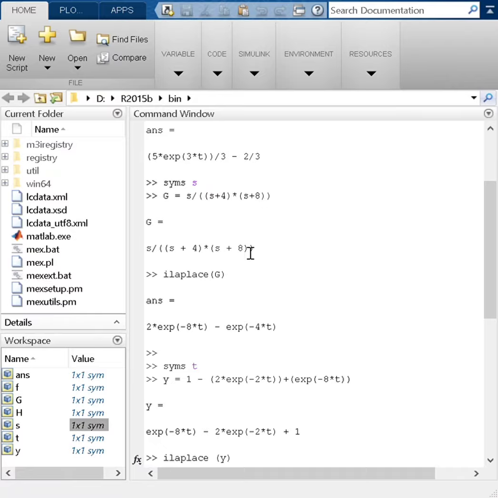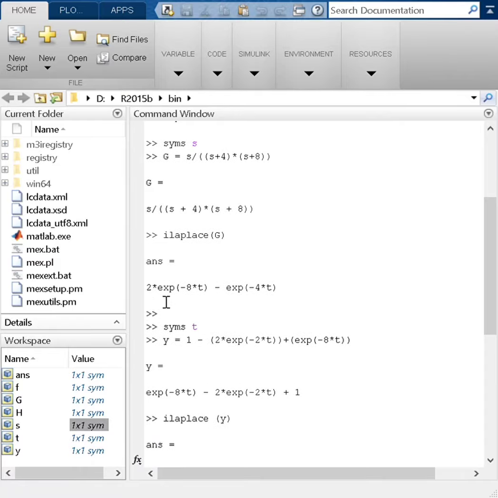Then this is the new equation. Then we wrote ilaplace, inverse Laplace G, and then this is the final answer: 2 times exponent by the power of negative 8t minus exponent by the power of negative 4 times t.